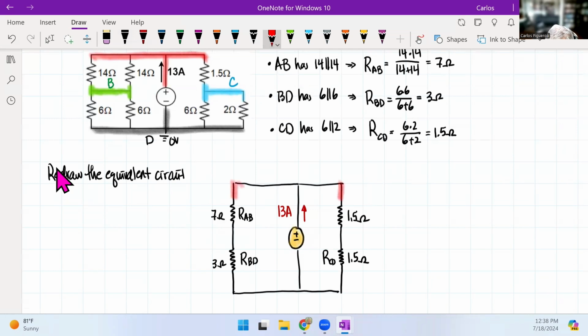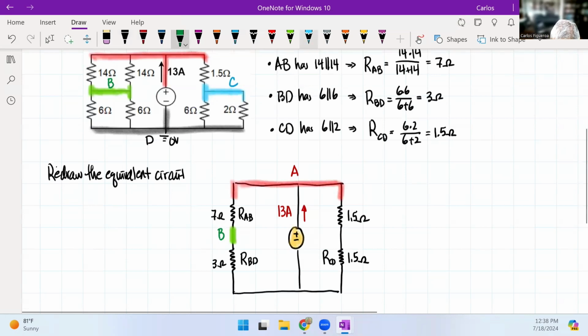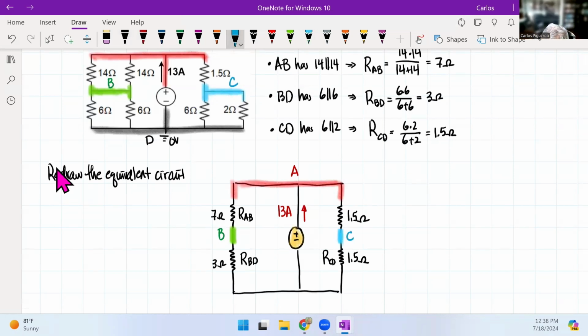I have my red node A, my green node B, my blue node C, and finally, I have my ground, which I labeled as D.